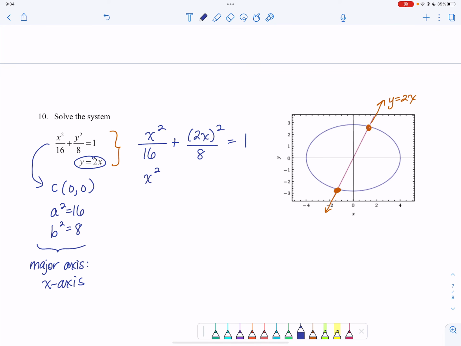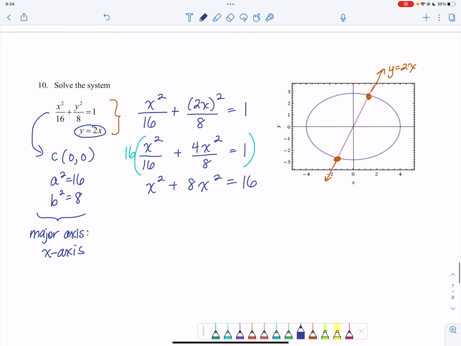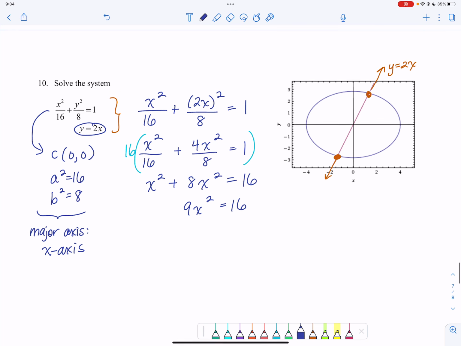So we have x squared divided by 16 plus 4x squared divided by 8 equals 1. Now we will multiply every term by 16. Okay, so we have x squared plus 8x squared equals 16. And so we end up with 9x squared equals 16.